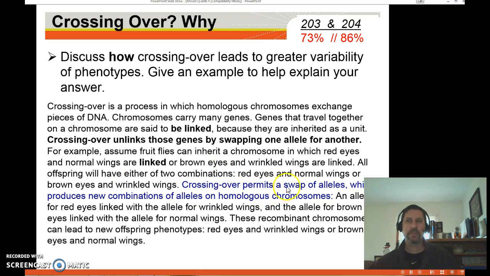Crossing over permits the swapping of alleles, which will produce new combinations of alleles on the homologous chromosome. These are brand new alleles. So an allele for a red-eyed, wrinkled-winged individual now is possible, and an allele for a brown-eyed, normal-winged individual is possible. These recombinant chromosomes can lead to new offspring phenotypes, and that's what we just said.